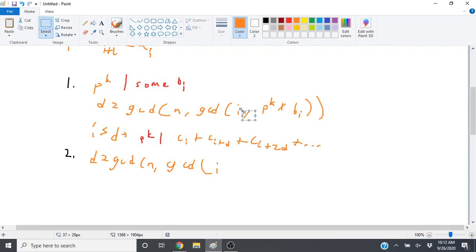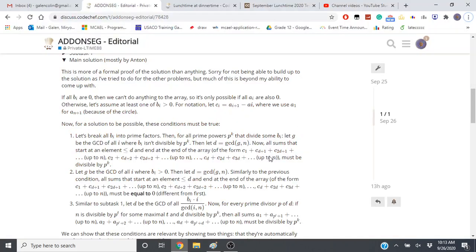How does this work? I don't remember exactly, but it's basically all i such that p to the k, or bi, is not divisible by p to the k.